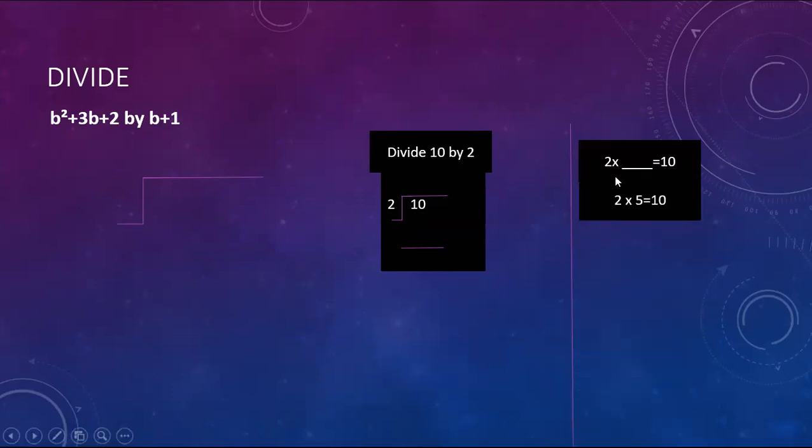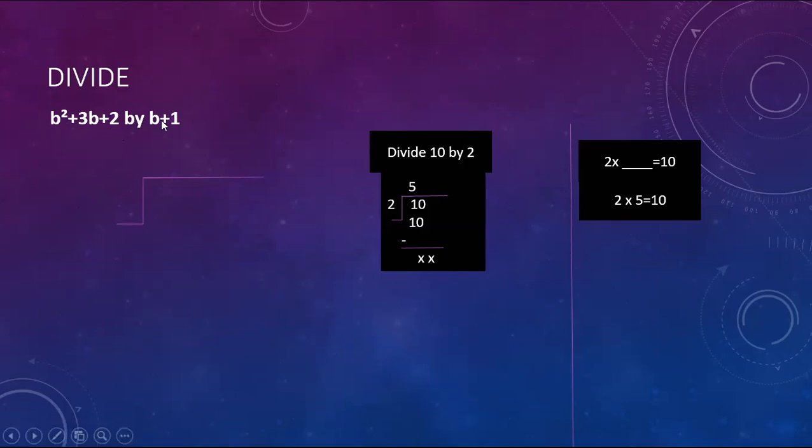We know that 2 into 5 is 10. So I can write 5 here. So 2 into 5 is 10. When 10 is subtracted from 10, it is cancelled. So we get the answer here. The quotient is 5. The answer is 5.